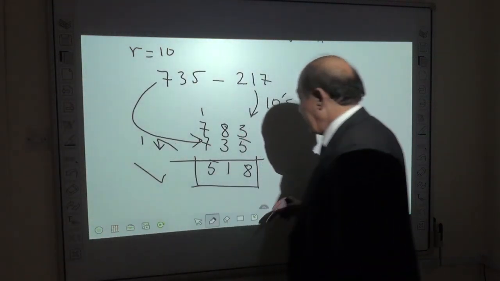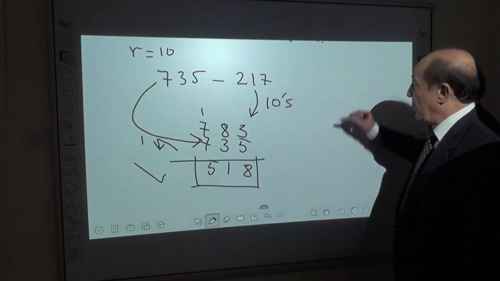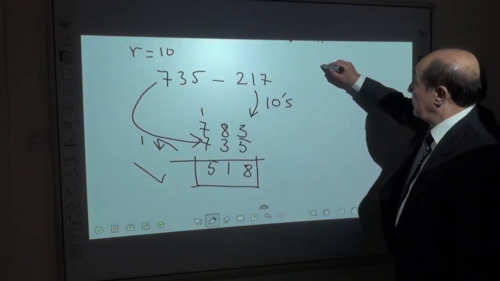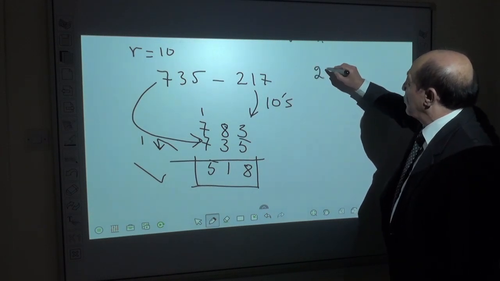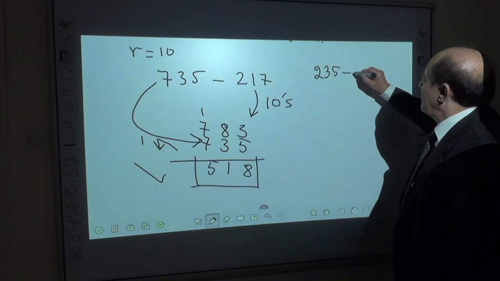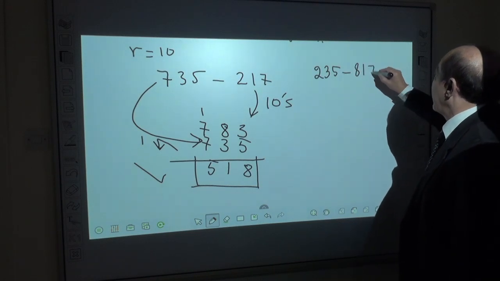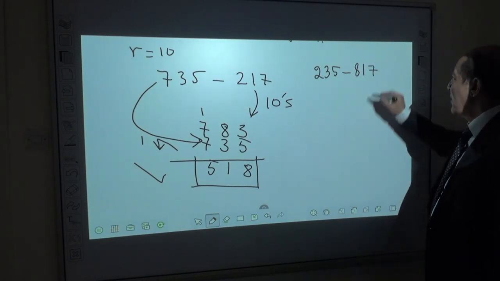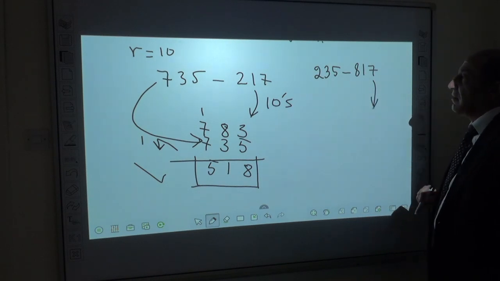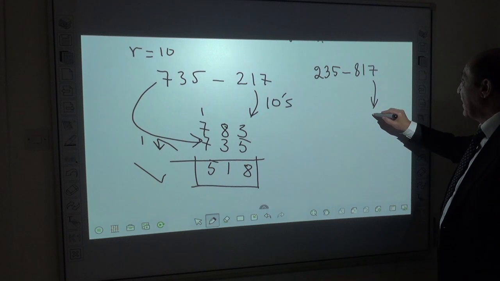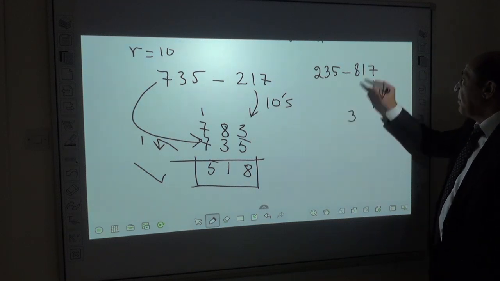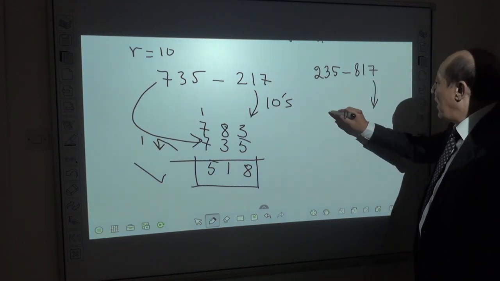Again, if the result is negative, for example, if we have 235 minus 817, we find the 10's complement of this by subtracting the first digit from 10, 3, and all the remaining from 9, 8 and 1.